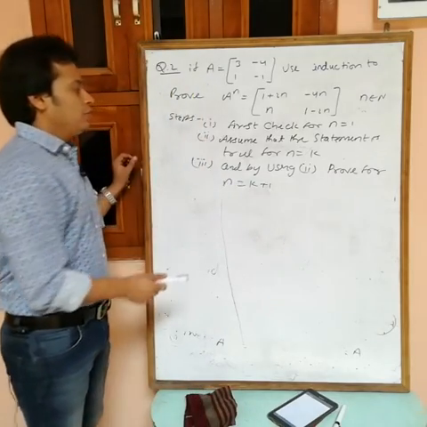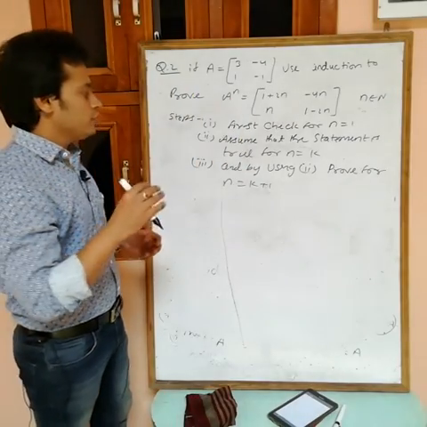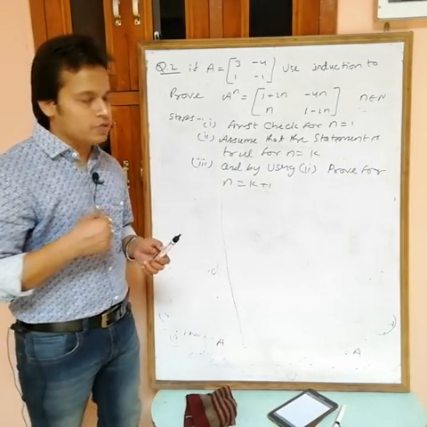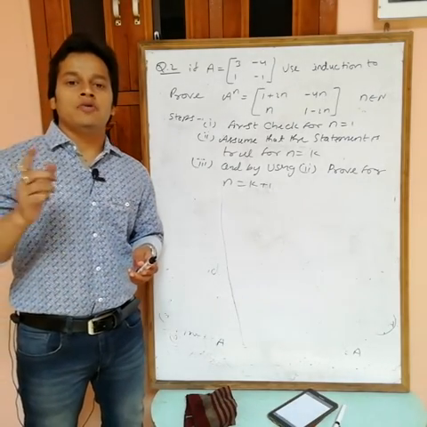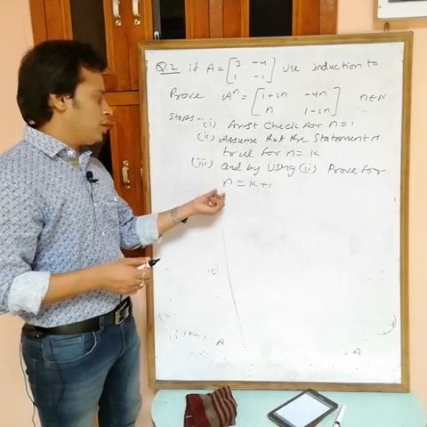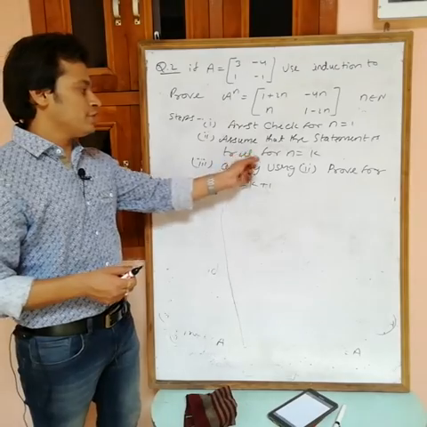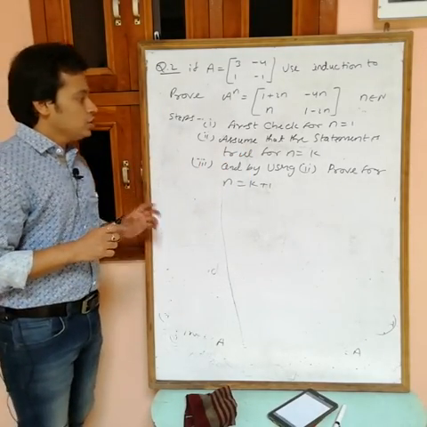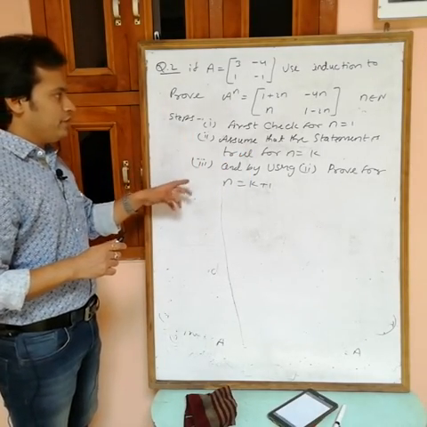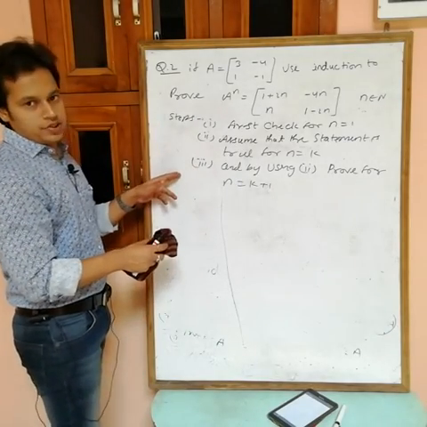It means first step, check for n equals to 1; second step, assume that the statement is true for n equals to k; and prove for n equals to k plus 1. Prove for n equals to k plus 1, it means prove that for n equals to k plus 1, LHS is equal to RHS, by using this one. Okay, so first write these, then we will take this question now. Can I have these steps done?